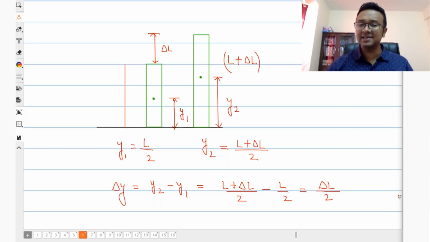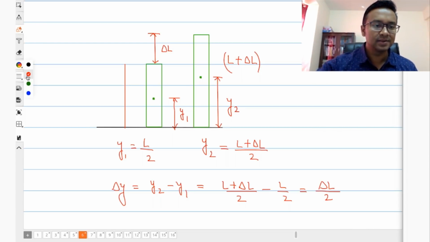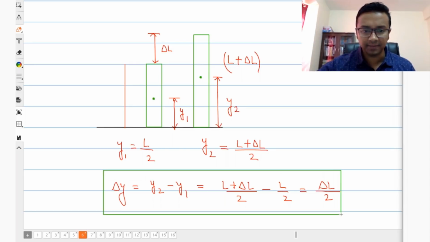Some students think that if the rod expands by delta L, the center of mass has also gone up by delta L. But that's not the case. If it expands by delta L, the center of mass is going to go up by delta L by 2. So this is a point that is worth remembering.